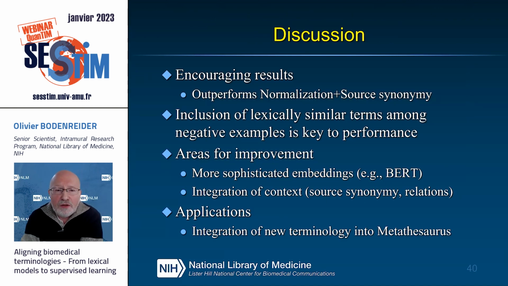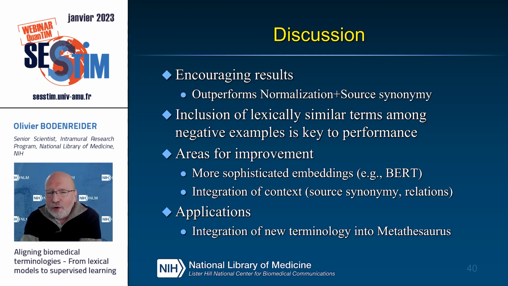These results were really encouraging. The deep learning approach largely outperforms the traditional approach of normalization combined with source synonymy. We showed that including terms from different lexical similarity groups among the negative examples was key to the performance of this approach.